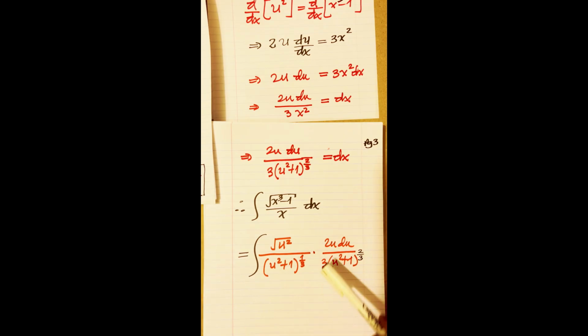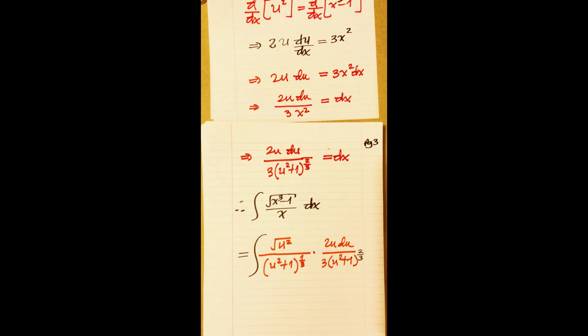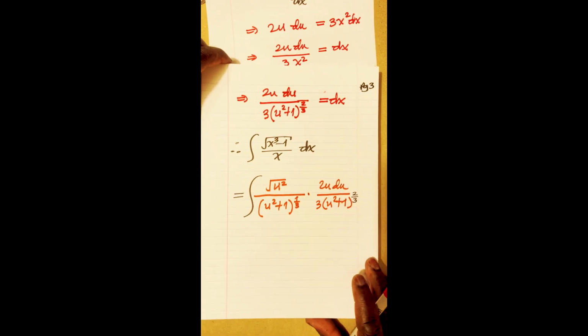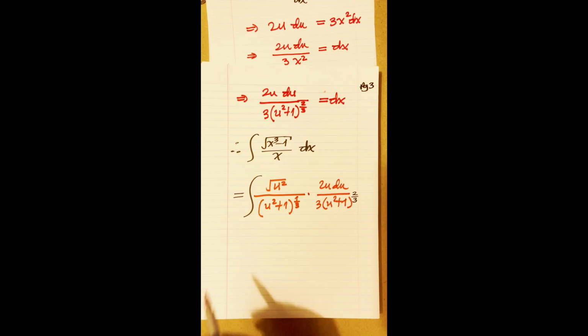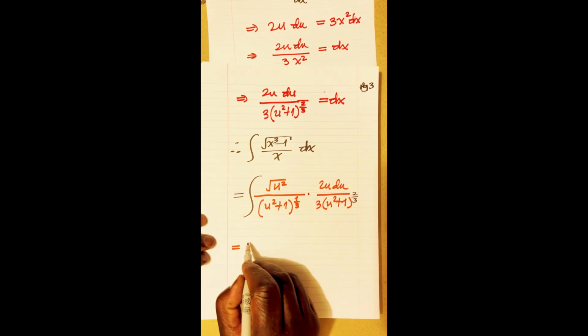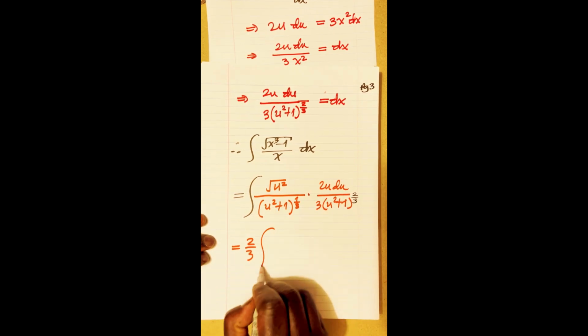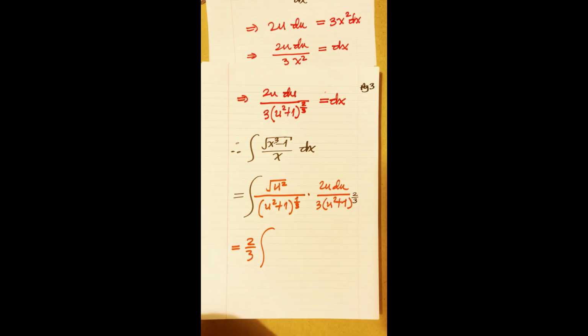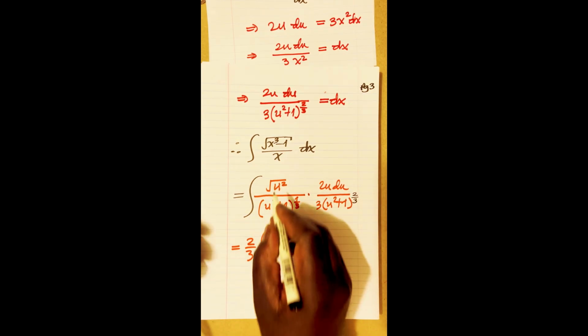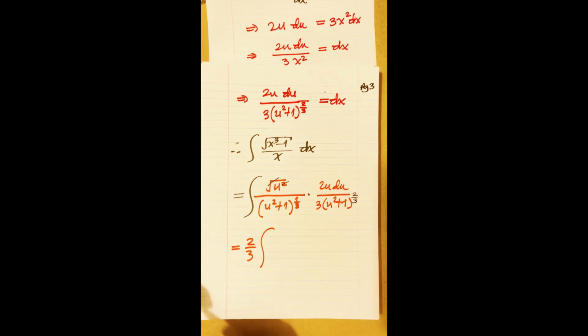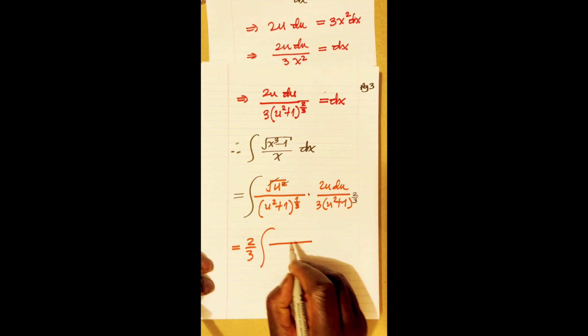Now notice that 2 over 3 is a fraction and is a constant. It can be taken out of the integral. So we put it outside. So what we have now is the following. We have 2 over 3 times the integral of, notice something here, this cancels that. And so what I have in the numerator here is just u.